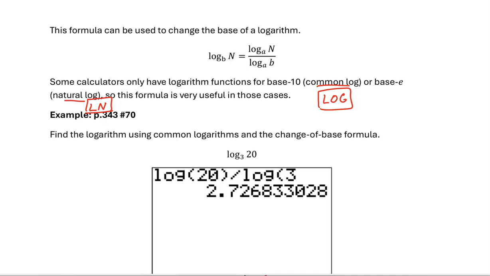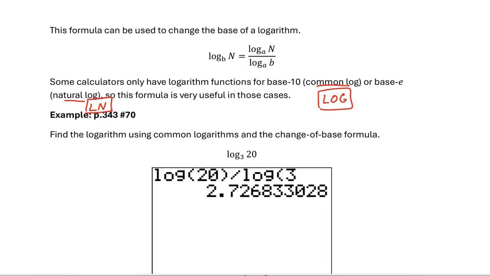Or you're just going to have to do a lot of guess and check to figure out what exponent of 3 would come out to 20. Well, 3 to the third is 27, so it has to be something a little less than 3. So it'd be hard to guess.